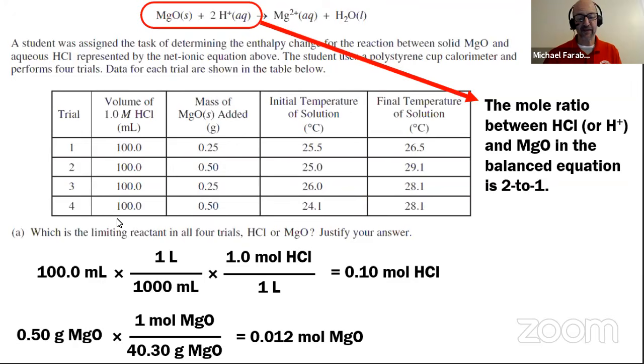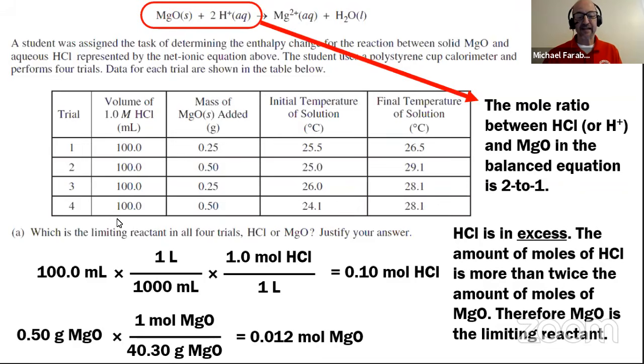Well, hopefully you can see that since HCl is much larger than that, it is the HCl or the H+ ions that are in excess. So the amount of moles of HCl is more than twice the amount of moles of MgO. That makes MgO our limiting reactant. So the answer to part A, magnesium oxide is the limiting reactant, and these calculations and explanation justify our answer.